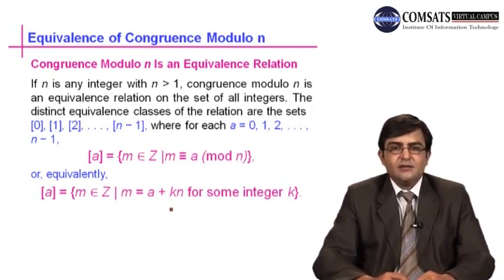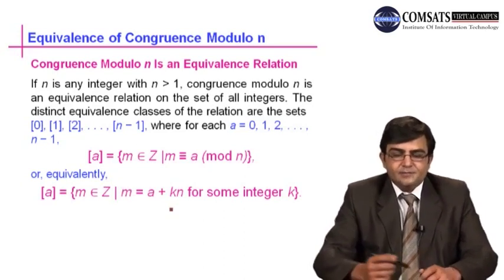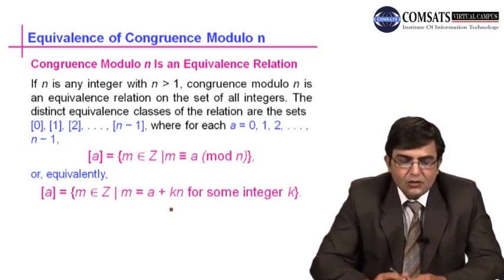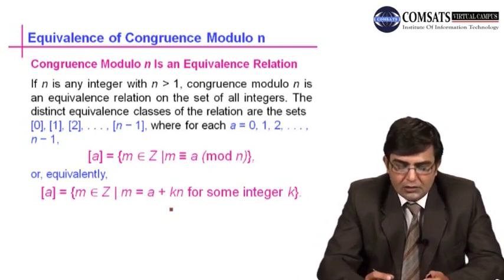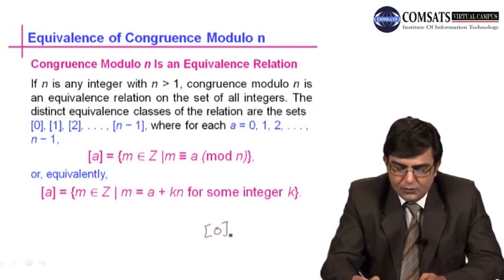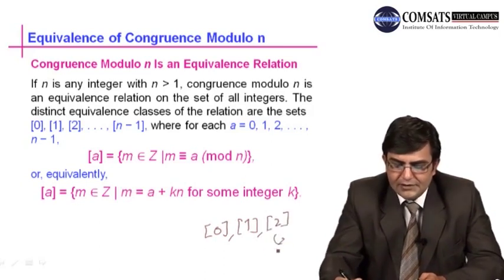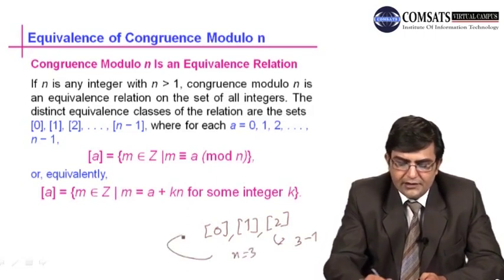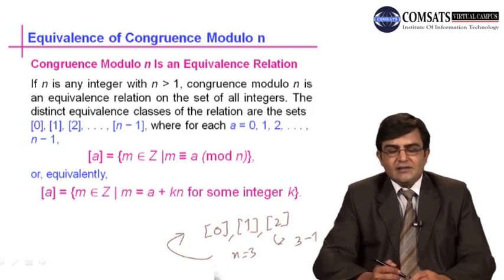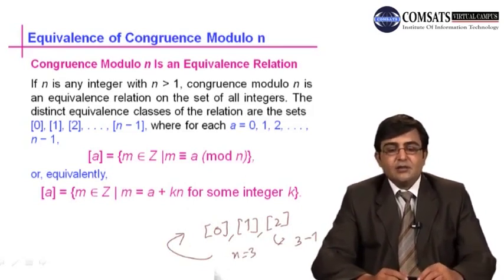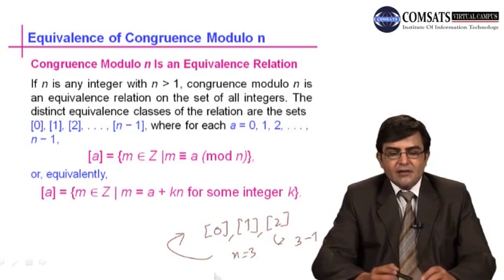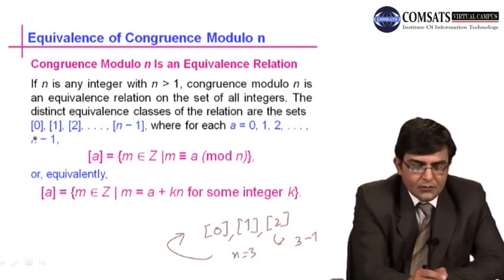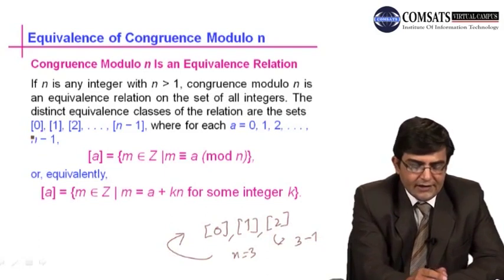The distinct equivalence classes of this relation: in the congruence modulo 3 relation, how many classes did we get? These are 0, 1 and 2, so 2 is 3 minus 1. If we choose n to be 3, we get the same things as we discussed for the congruence modulo 3 relation. So if we take the congruence modulo n relation, how many equivalence classes shall we get?